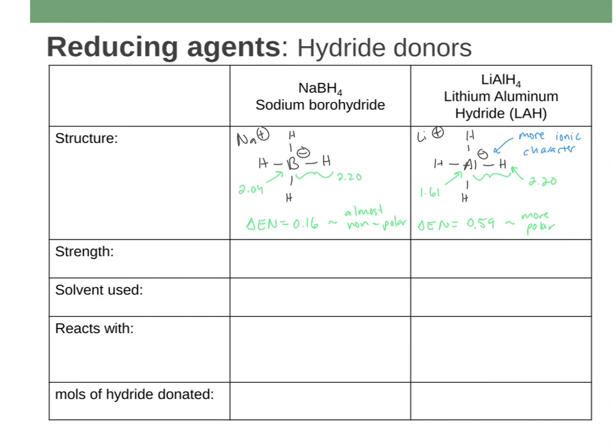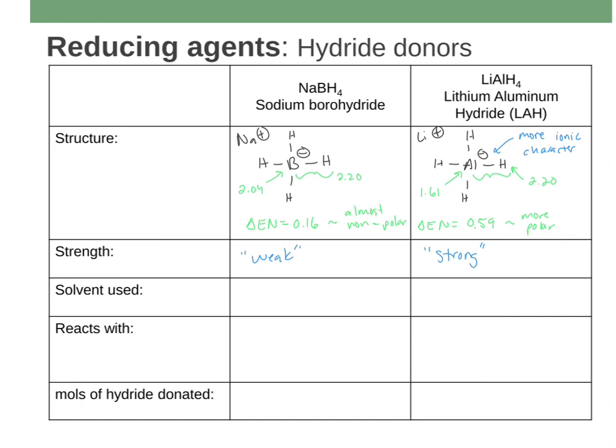So as far as the relative strengths go, lithium aluminum hydride, or LAH, is considered a quote unquote strong reducing agent, whereas sodium borohydride is considered much more weak. It's a weak reducing agent, whereas lithium aluminum hydride is a stronger reducing agent. And again, it's because of that more ionic character.